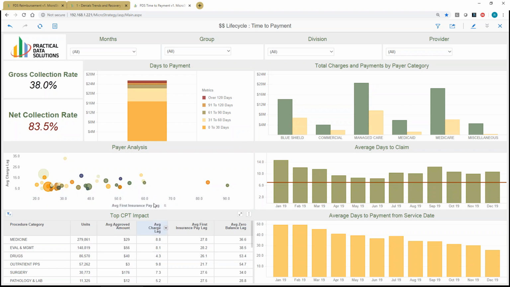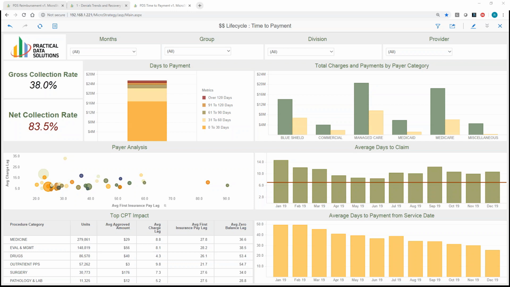I think it's helpful to look down below as well, Kelly, where you can see the procedure category types of what we're getting in. And right away, one of the things that stands out to me is that our E&M codes are not getting turned in for about 8 days, where our surgical codes are getting in in 7 days. There's really no reason our E&M codes shouldn't be in within a couple of days.